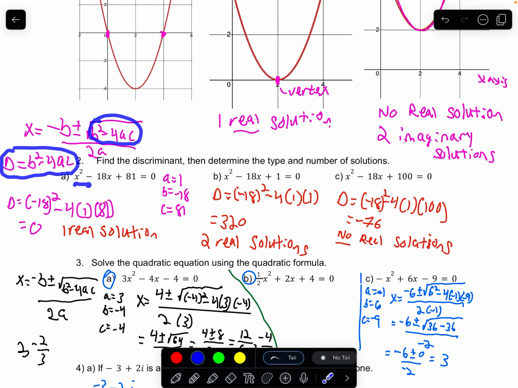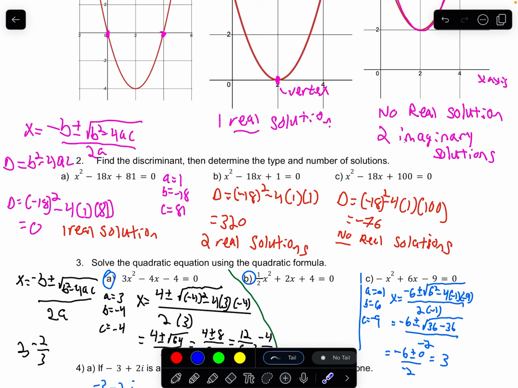For each of these problems, I'm just plugging the numbers into b squared minus 4ac and seeing what we get. On the first one, if you plug in negative 18 for b, minus 4 times a times c, and type it into your calculator, which you should have, you get 0.